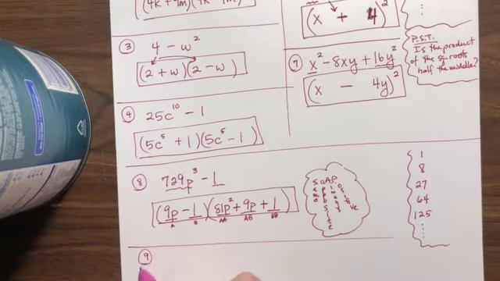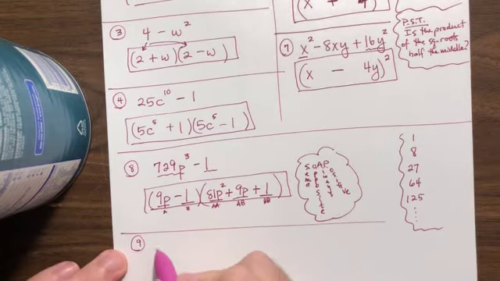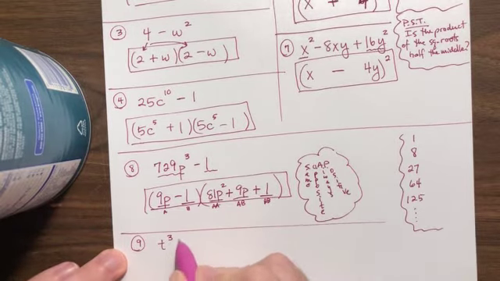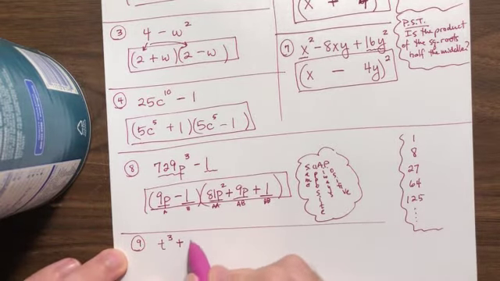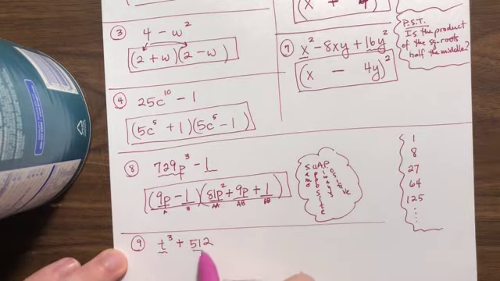Let's try number 9. All right, number 9 says t to the third. That's a good indication. This is a cubic thing. And then 512. Okay, now I have to figure out if 512 is a cube. Go to my calculator. I write in 512 and then hit the cube root button and I get 8. Yes, it is. So this is a cube and this is a cube.